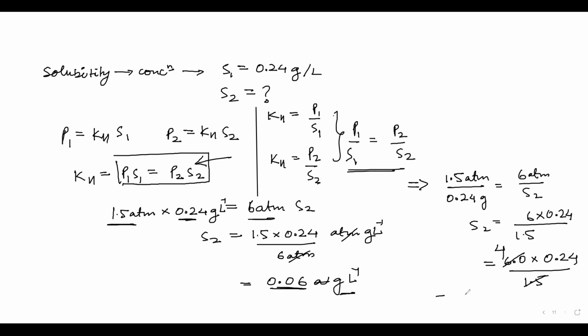Now 4 into 0.24 will be 0.96 grams per liter. Okay, 4 times 0.24 is 0.96.